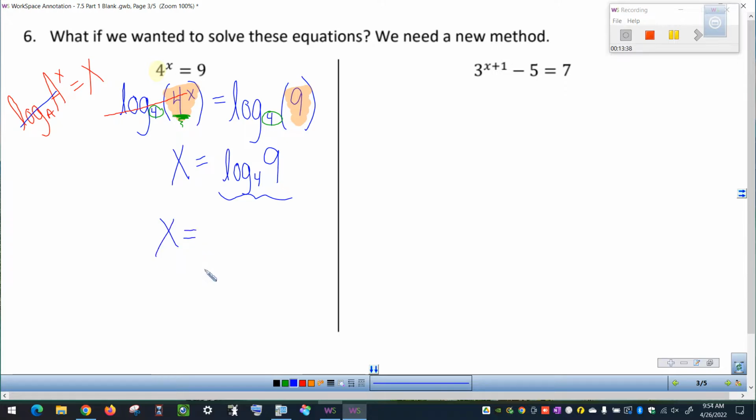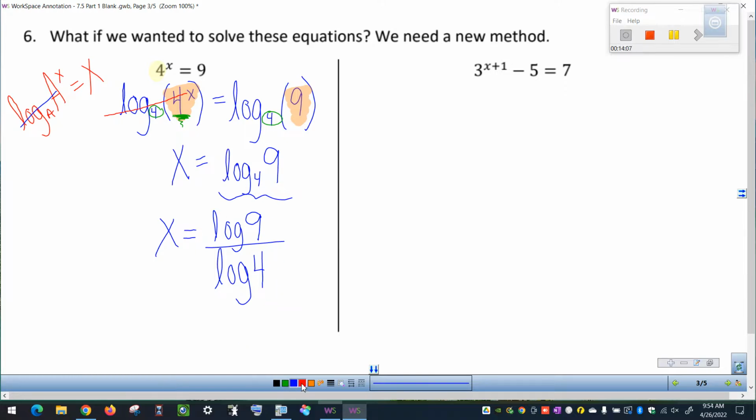On our calculator, the log key is log base 10, and unless you have something that's log base 10, we need to use the change of base formula to type it in. So this is going to be rewritten as log base 10 of 9 divided by log base 10 of 4. Remember, in this formula, because it's log base 4, the base part goes on the bottom.